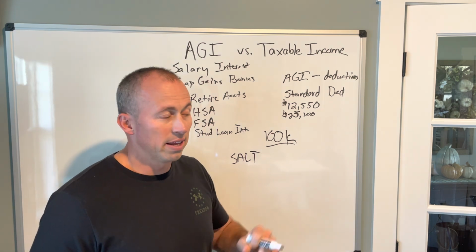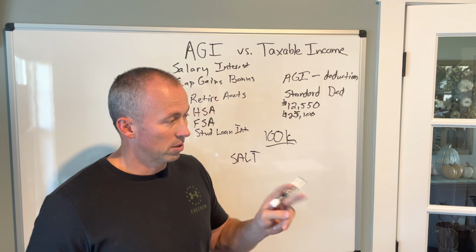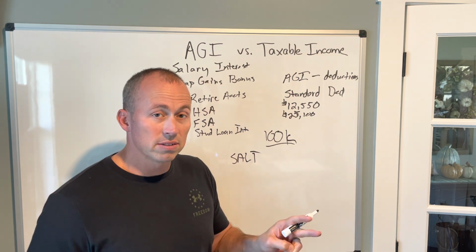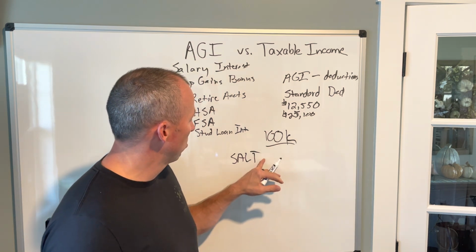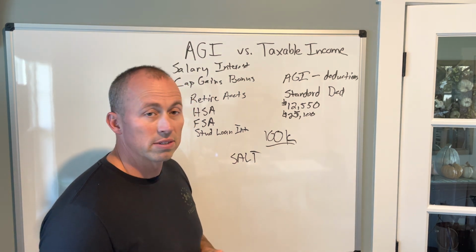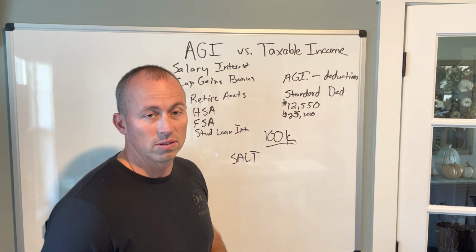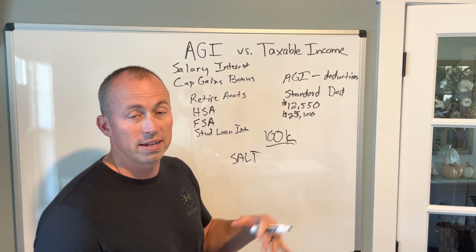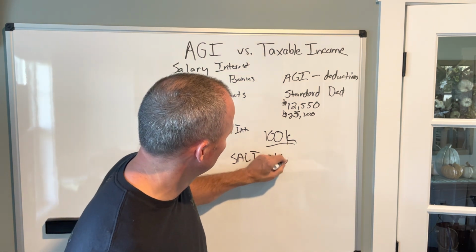So things like real estate taxes and the state income taxes that you pay, those are both SALT deductions, okay? Now your SALT taxes are capped at $10,000. So if you live in a state with high real estate taxes like I do, in Illinois, you're probably going to cap out at $10,000.